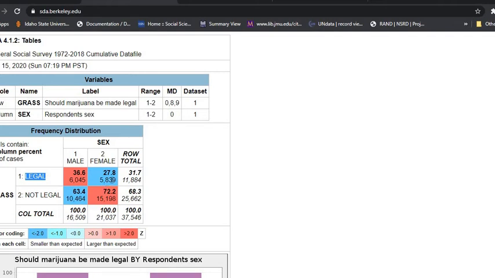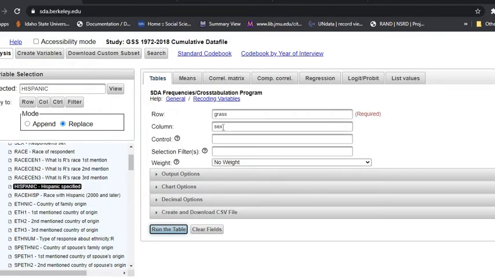So let me walk you through what I want you to do for the assignment. Basically what I've shown you, but with different variables, with different questions. I don't want you to just copy me and use exactly the same variables that I looked at. Let me give you directions and also some guidance. If you're interested in gender, it's perfectly fine to use the gender one, but change the other variable that you're going to look at.